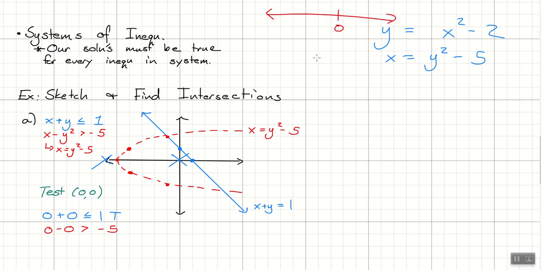Here's 0, there's negative 5. Hey, 0 is greater than negative 5. So any region in my parabola, disregarding the blue line at first, that has 0, 0 in it is fine. If we look at just the parabola, there's only inside the parabola and outside, but it's cut into two sections by this. Here's the inside. Here's the outside.